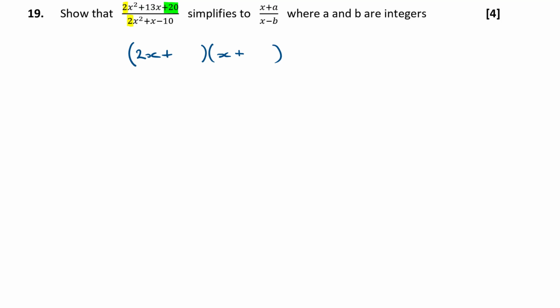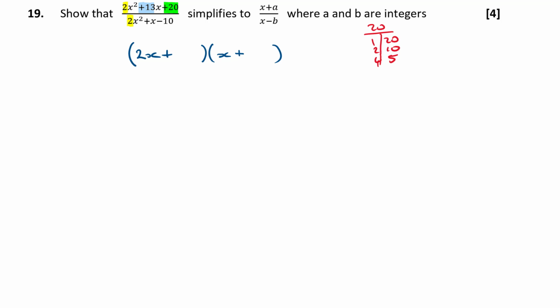And what are the factor pairs of 20? Factor pairs of 20 could be 1 and 20, 2 and 10, 4 and 5. So these are all possible pairings to go inside this bracket here. We're aiming for 13 in the middle, so we want two of these that add up to 13.